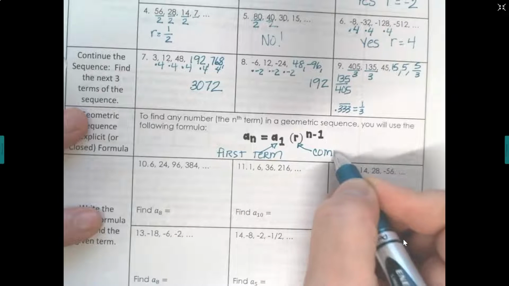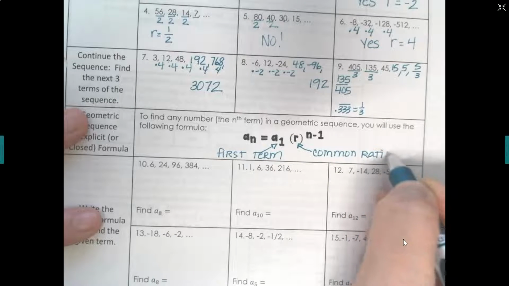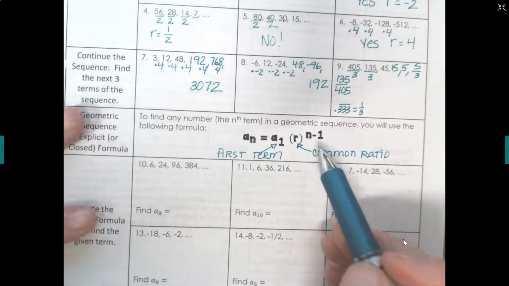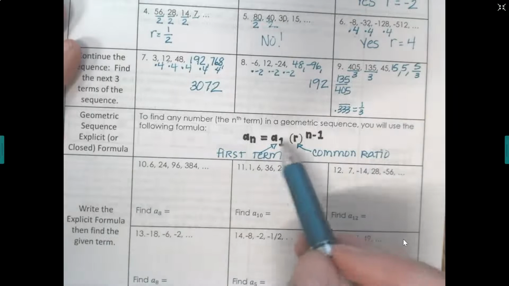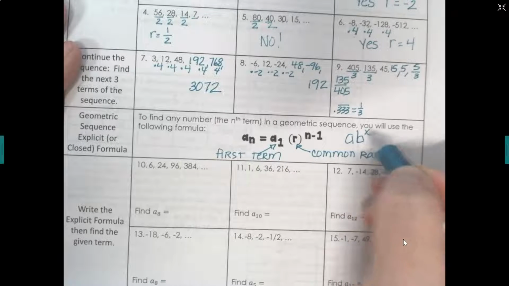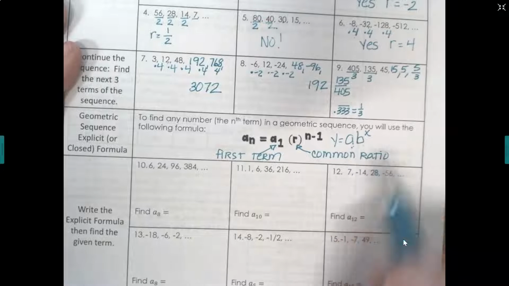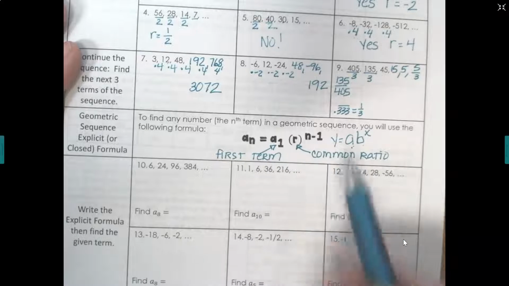What are you multiplying by? And then n minus 1 in the exponent will remain. Now this looks like the same equation as our exponential functions that we talked about before, a times b to the x.